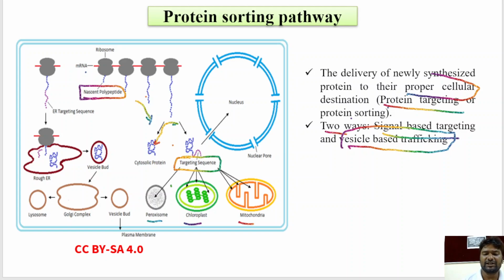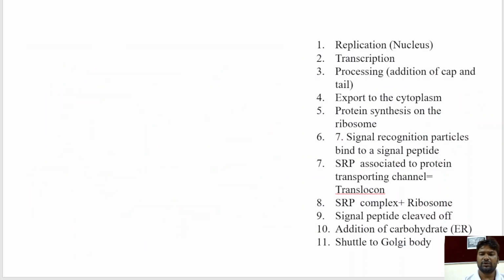And in the second process, these proteins are moved to the endoplasmic reticulum, then from the endoplasmic reticulum to Golgi vesicles, and then moved to different organelles.